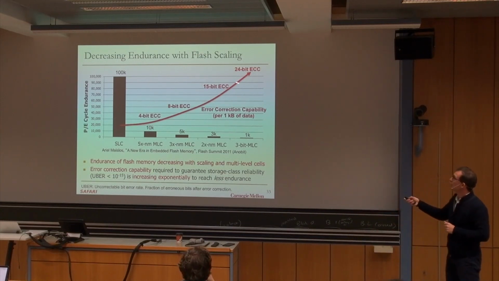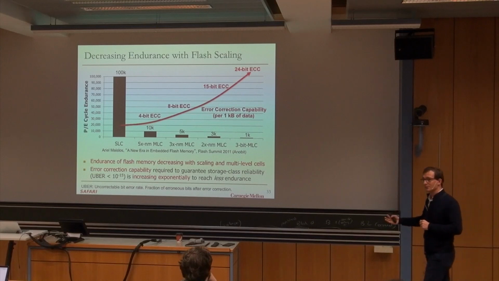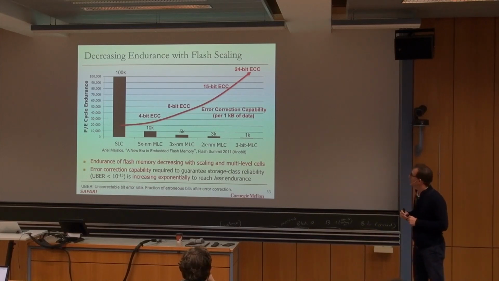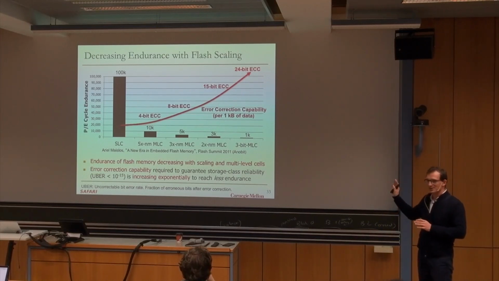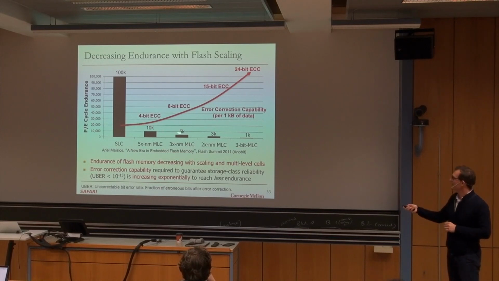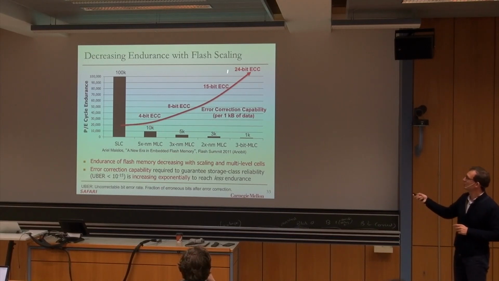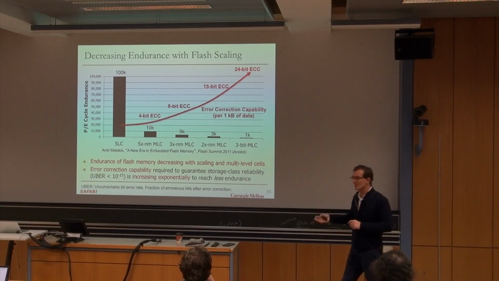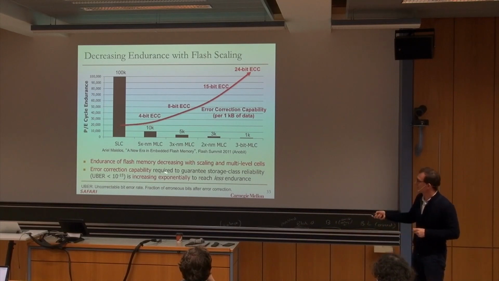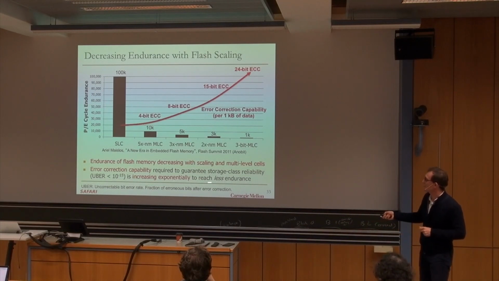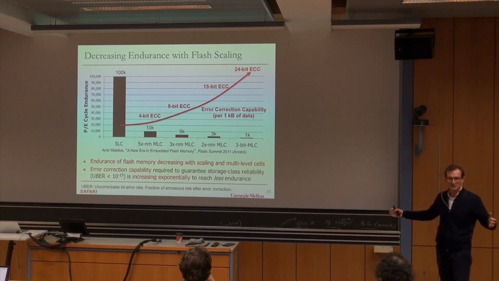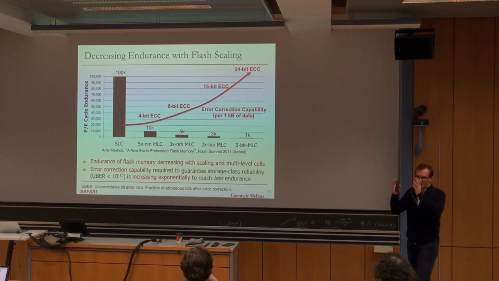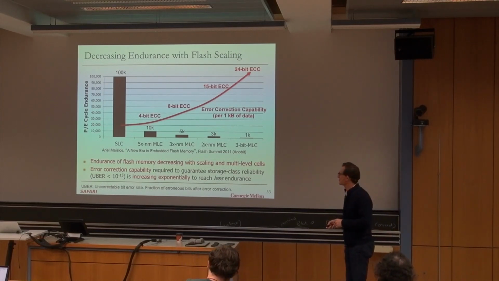But basically, you need more redundant bits, which takes away from your space also, right? So this graph is very telling, because you're getting less endurance, but you're putting more ECC inside the chip to keep the error rate low. The ECC that you require is increasing exponentially as endurance decreases, in order to keep your error rate at least at 10 to the minus 15.